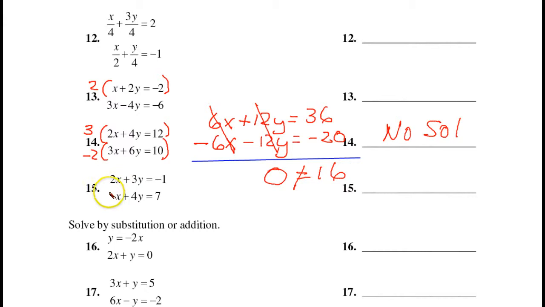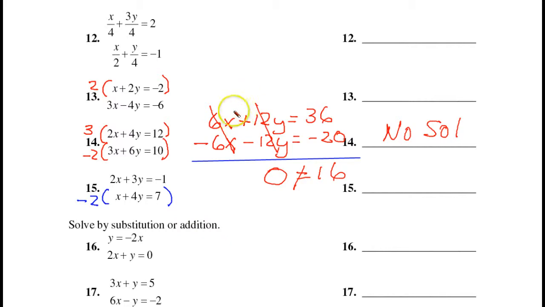Okay, going on to 15. As we look at this one, looks like the easiest way would be to take this bottom equation and multiply each term by a -2. Therefore, these would cancel out when this becomes a -2x, and the technique is continued.